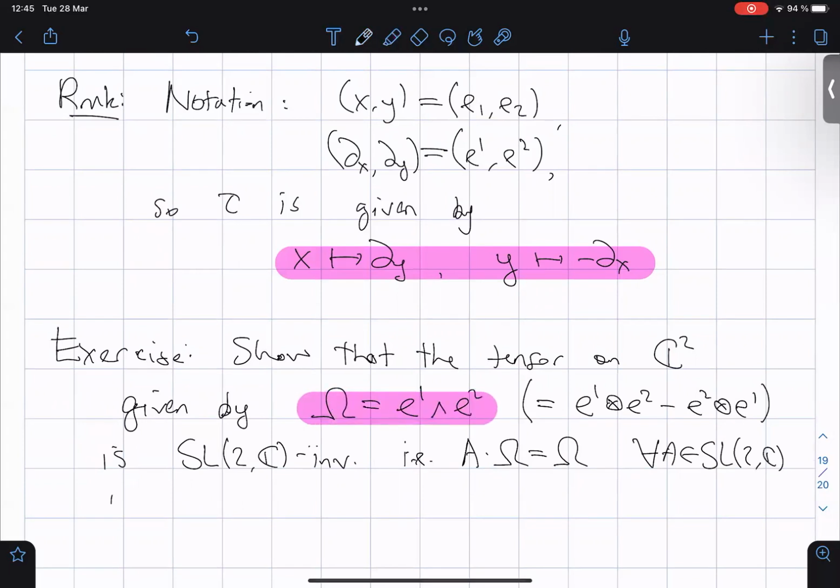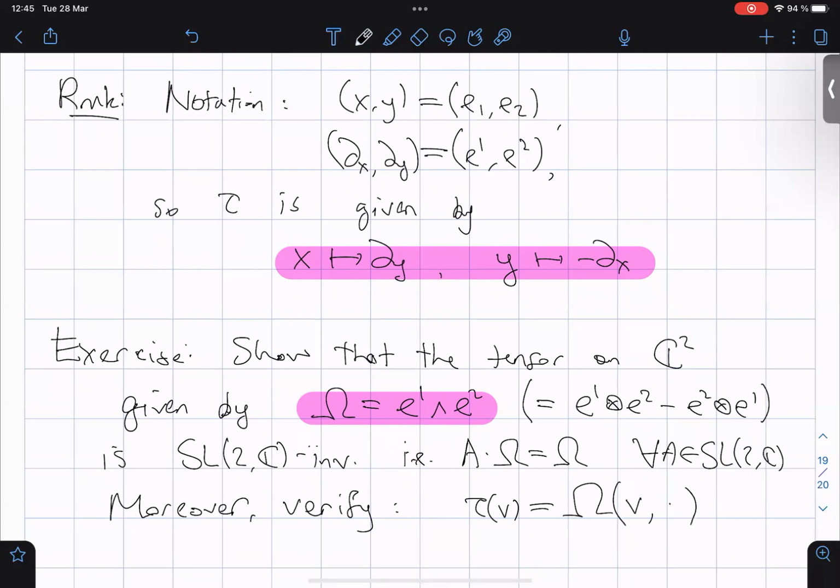Moreover, verify that this tau, not expressed in a basis but as a general linear map, is obtained simply by taking this omega and inserting a given vector into the first slot of omega.